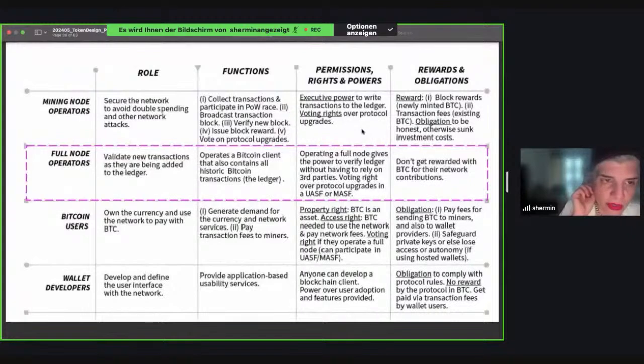As I mentioned before, full node operators were not envisioned at the time of writing the Bitcoin white paper. They emerged over time. Why? Because operating a mining node became more and more expensive.